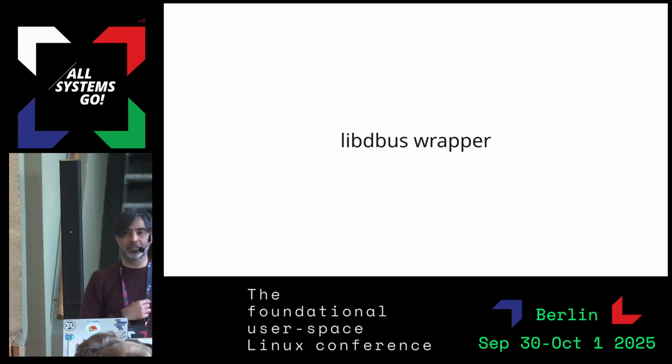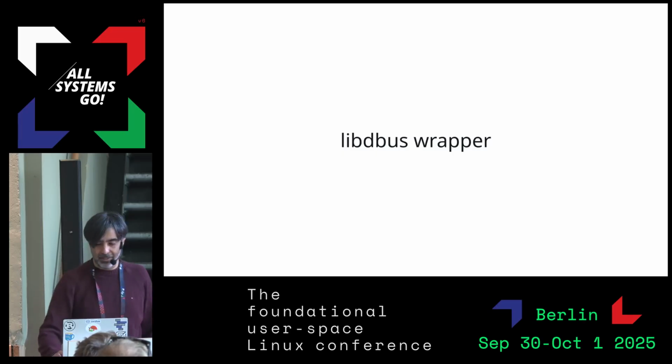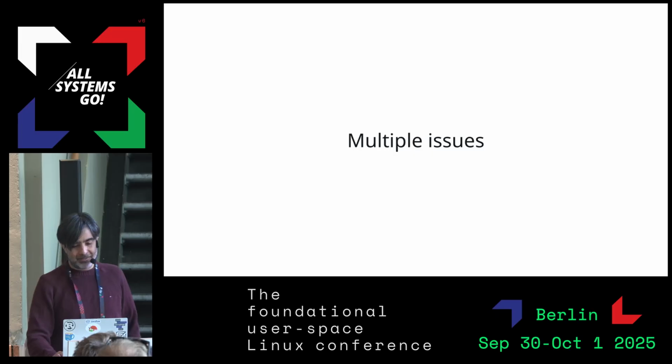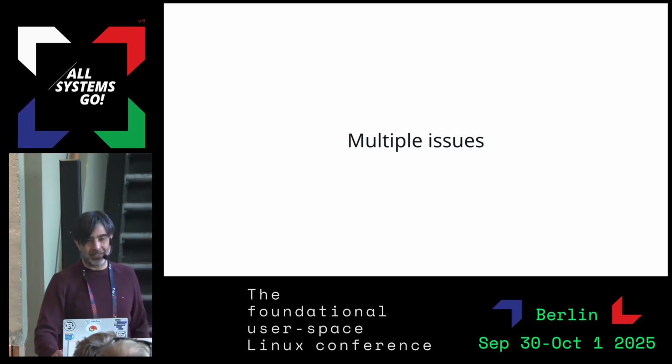If you code in C and you have ever done any dbus, you would know that you don't want to use libdbus. It's not a nice API. I don't think I have ever met anyone who would want to use it in the last 20 years. And it had multiple issues. Overall, it was a wrapper, so it can't really make the API that good, because it's just a wrapper in the end.